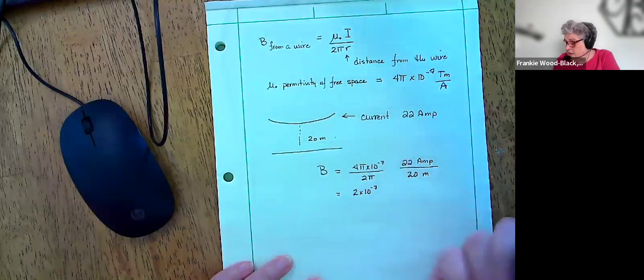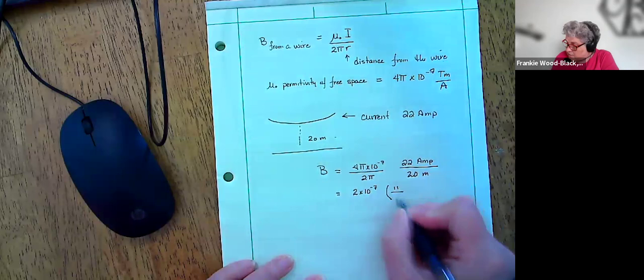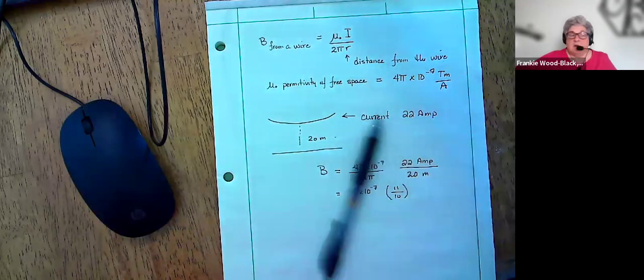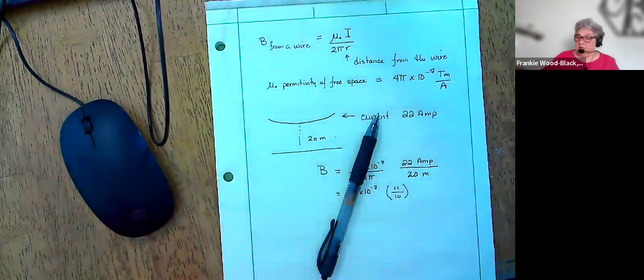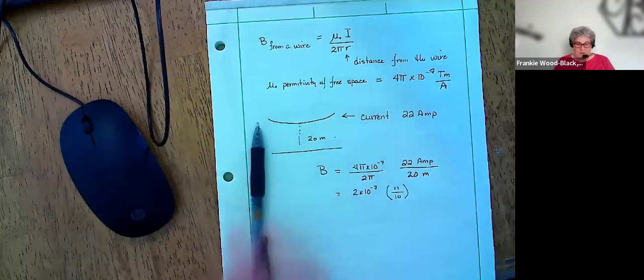And I'm going to end up with 11 divided by 10. And I didn't pull my calculator out of my bag, so I'm going to have to do it this way. Okay, 11 divided by 10 times 2.